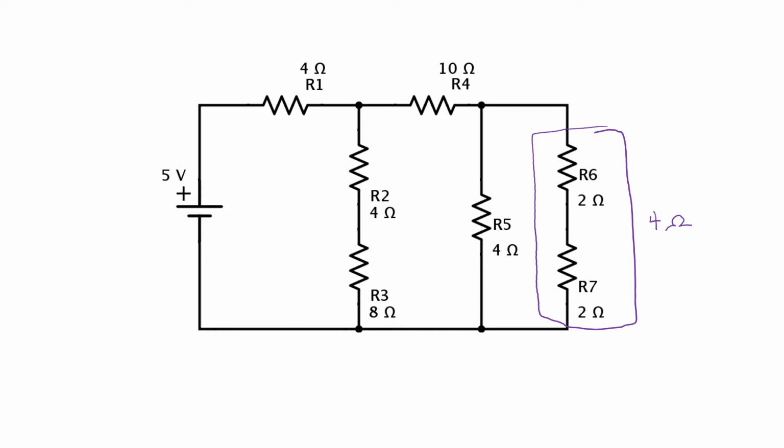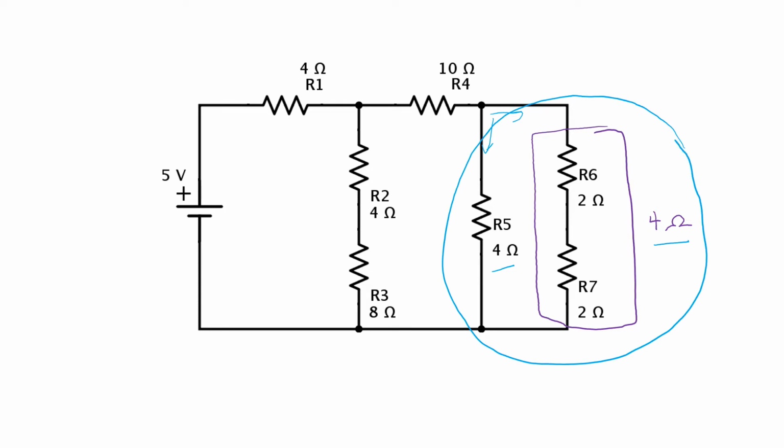And then I've got this 4 ohm resistor that I just reduced, and this 4 ohm resistor, and they are in parallel with one another, so I'm going to put them together as parallel resistors, so that's 1 over 4 plus 1 over 4. The reciprocal of that in ohms, so that's 2/4. When I take the reciprocal, it's 2 over 4, and that's 2, so that becomes a 2 ohm resistor.